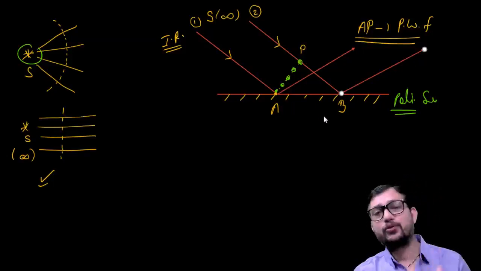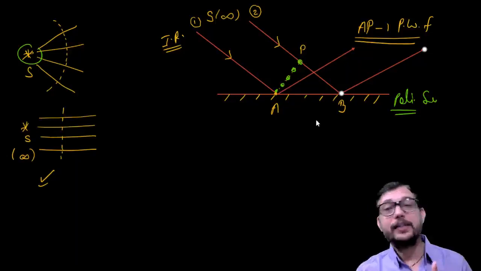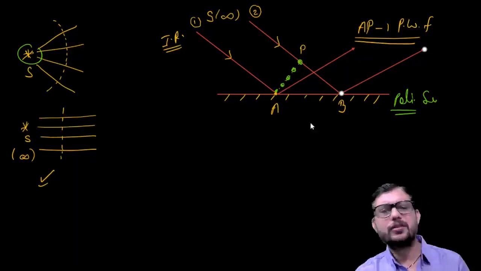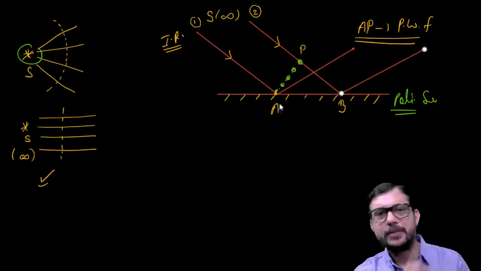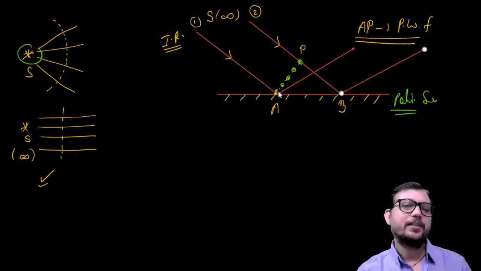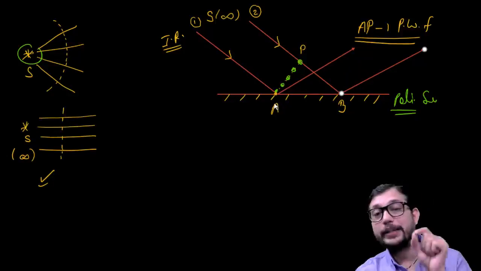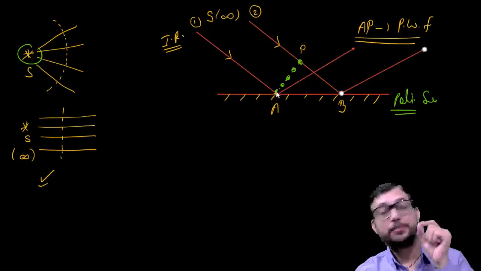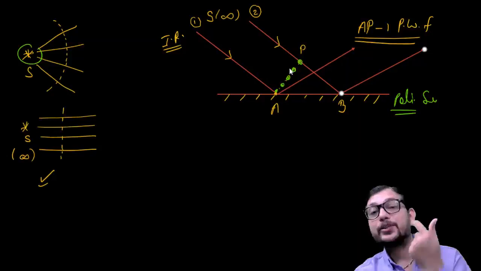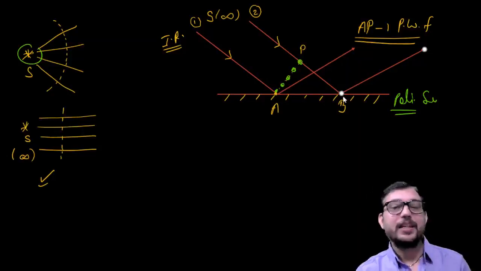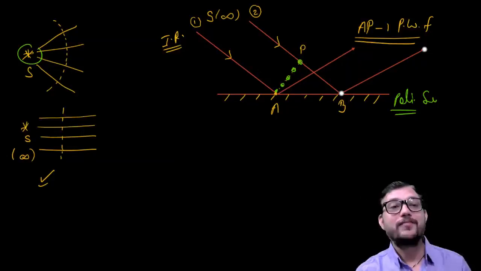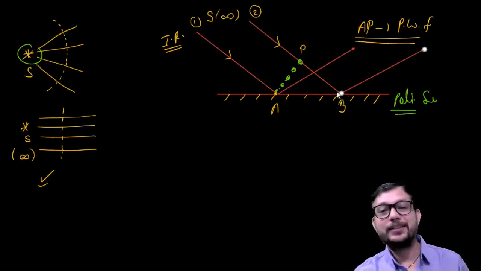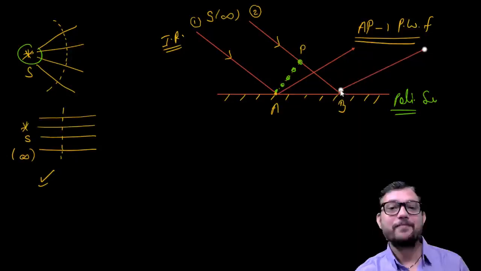Now we have to draw the secondary wavefront. For that, what concept will we take here? As in the case of the primary wavefront, where we drew a perpendicular from point A onto ray 2, in the same pattern we consider point B and draw a perpendicular, like this way.